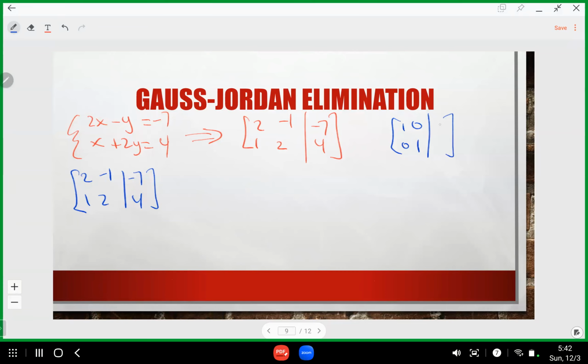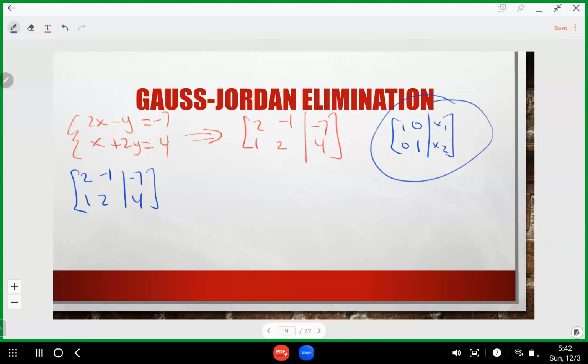And let's say this is x1 and x2. So basically we want to get it into this format because we can see that x is isolated, y is isolated, so we actually do get the values for x and y, and we have solved the system.